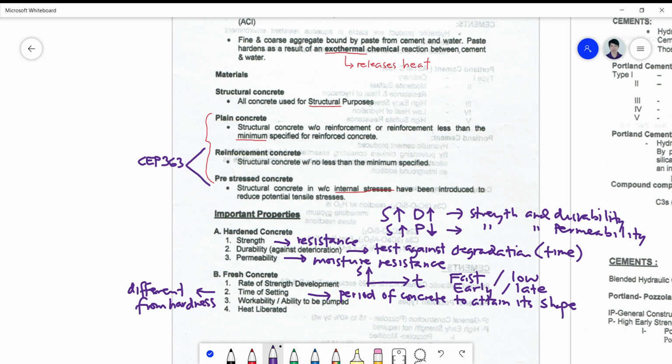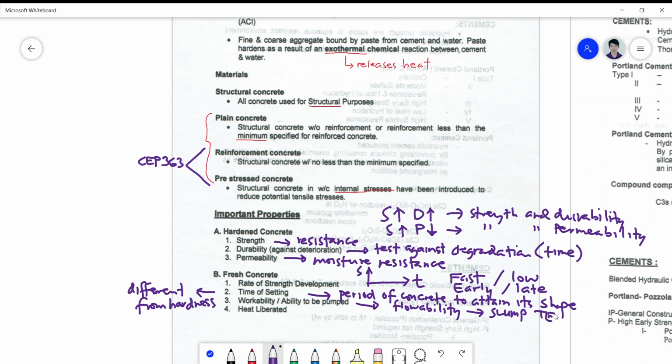But they are not so much related in that regard. So workability now is the ability to be pumped. This has something to do with the flowability. And this flowability is measured in terms of the slump test.